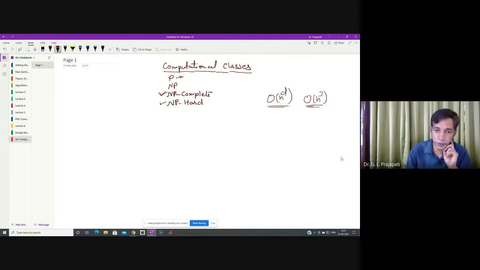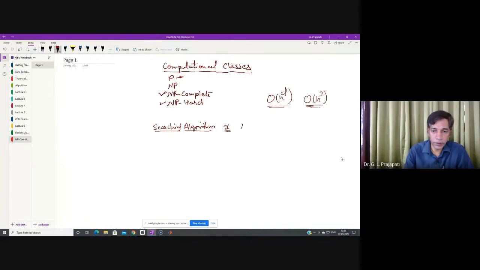But see, if you consider the searching algorithm, in case of the searching algorithm, what we need is: we have some value x, and we need to find out whether this element x is in the list or not.